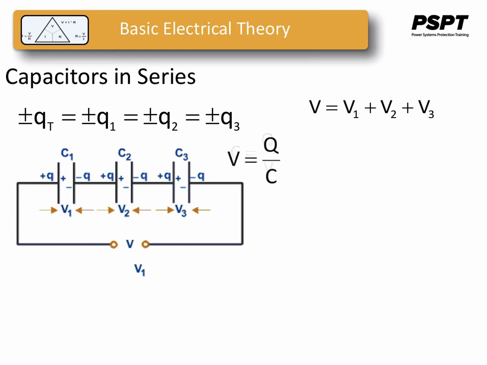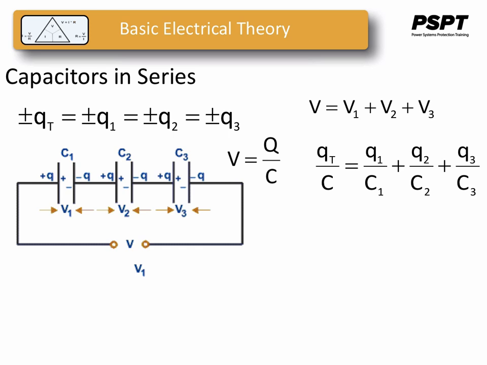We can rewrite that equation, so the voltage across each capacitor, or the total capacitance even, is Q all over C. So we can now rewrite our voltage equation from Kirchhoff's voltage law in terms of the charges and the capacitors.